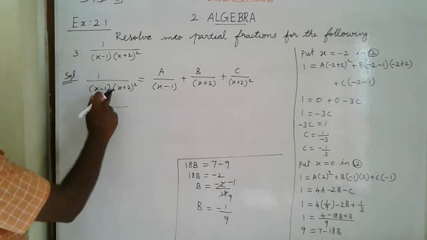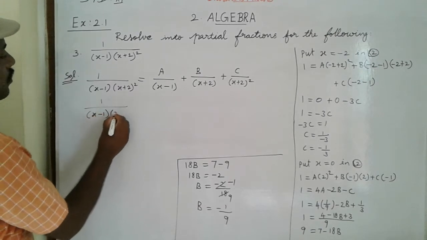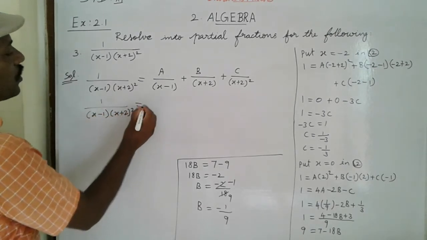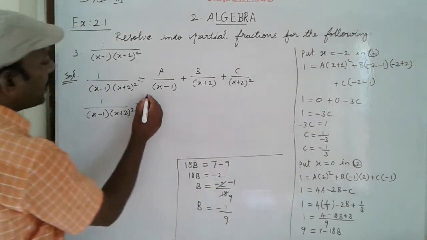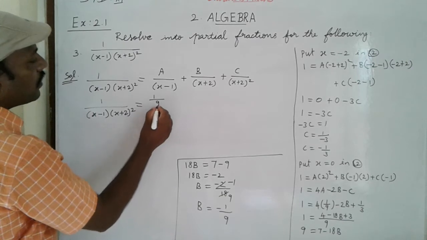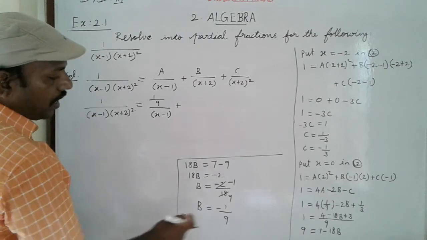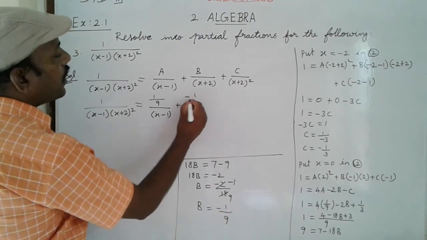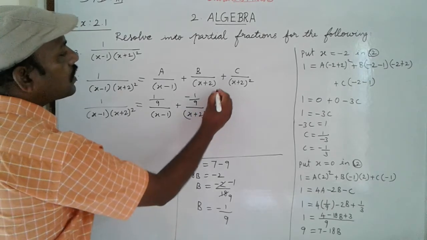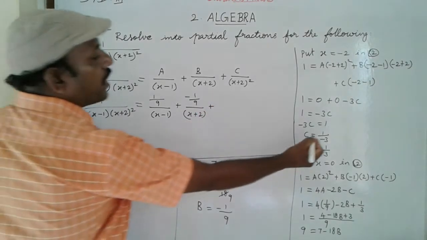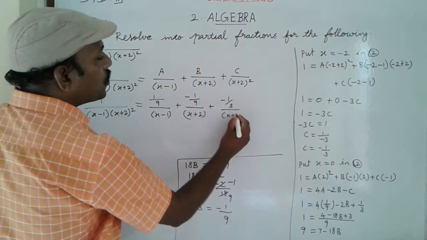Substitute the values in the first equation: 1 divided by (x minus 1)(x plus 2) whole square equal to a value, we know that a equal to 1 by 9, so 1 divided by 9 divided by x minus 1, plus b value, minus 1 by 9, divided by x plus 2, c value minus 1 by 3, so minus 1 by 3 divided by (x plus 2) whole square.